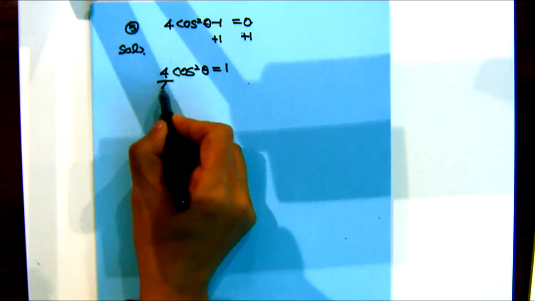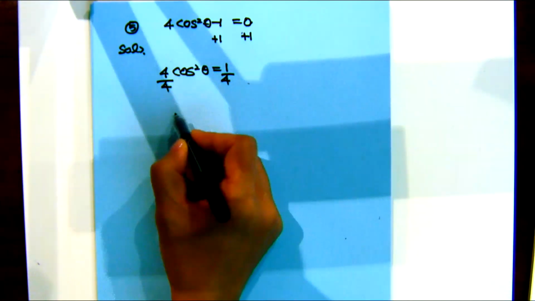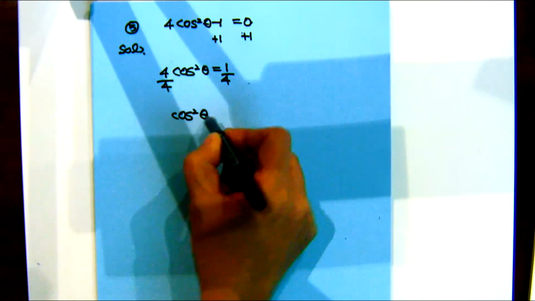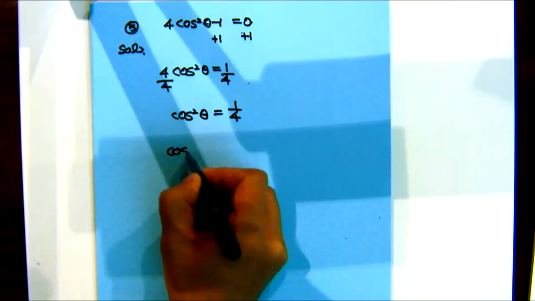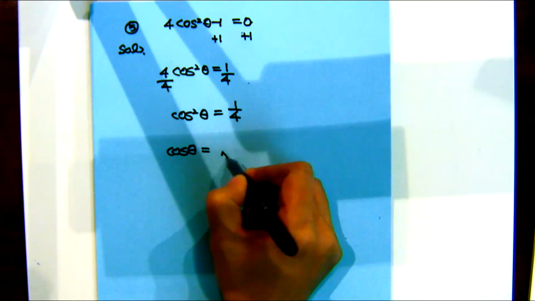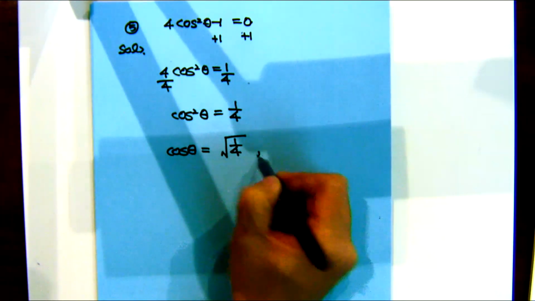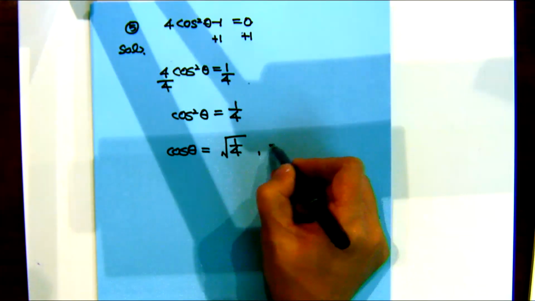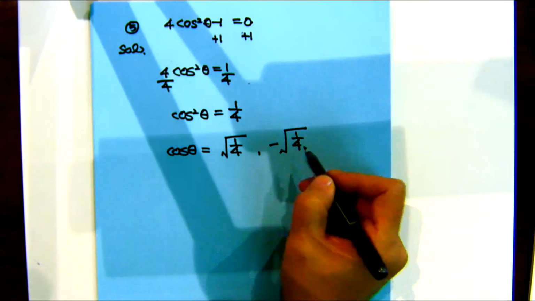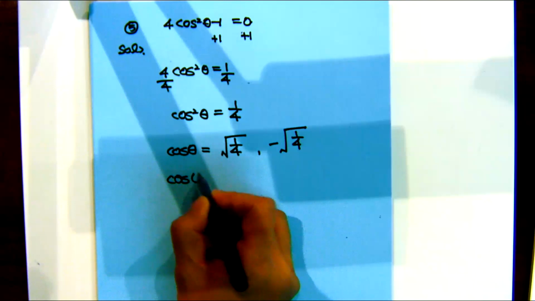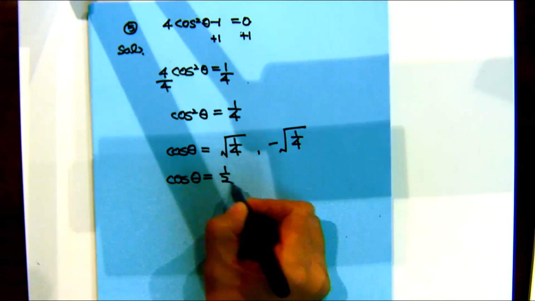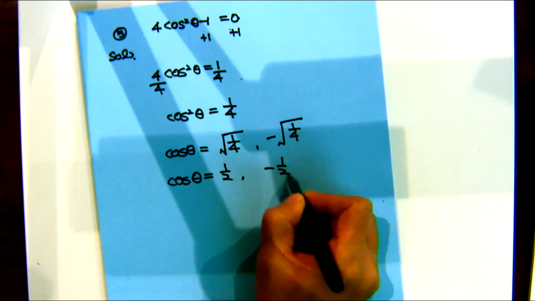And then I will divide by 4 on both sides. Then cosine squared of theta equals 1 over 4. Therefore, when we square root on both sides, I would get cosine of theta equals positive square root of 1 over 4 or negative square root of 1 over 4. 1 over 4 is 1 over 2 squared, right? And therefore, cosine of theta equals 1 over 2 or negative 1 over 2.